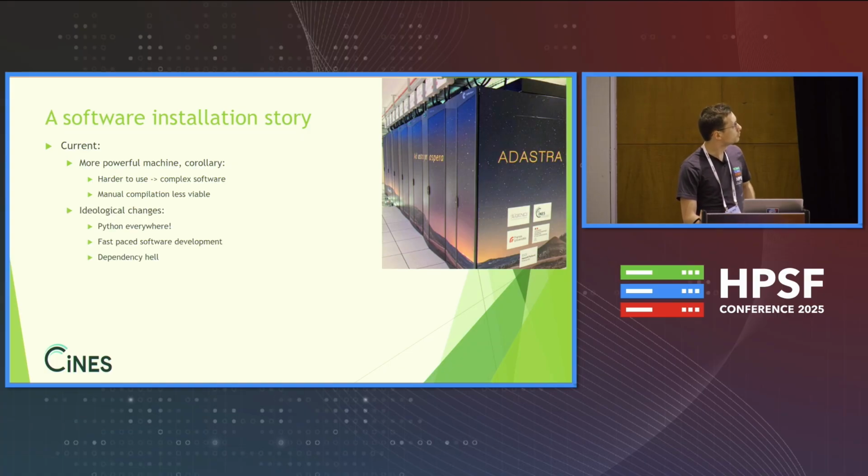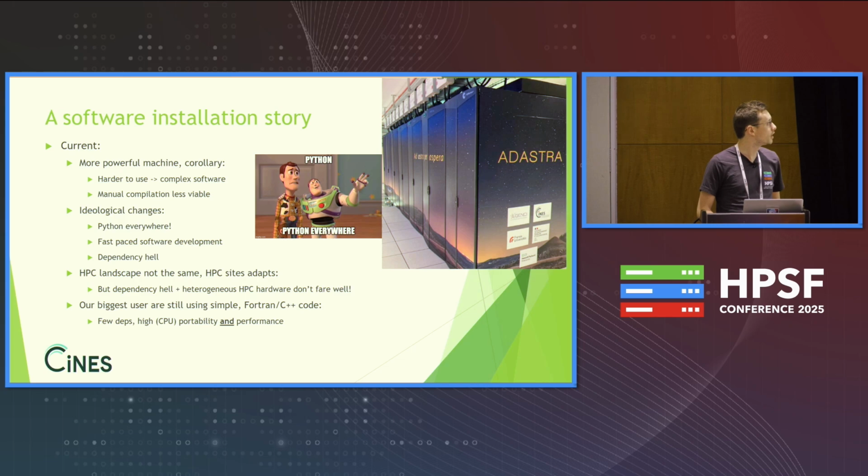In addition, there are ideological changes, for instance the fact that there is Python everywhere, and the pace at which software is being developed is much higher than earlier. To that, we add the dependency hell and the heterogeneity generally found on HPC. All of this does not fare very well. Notably, the dependency hell and the heterogeneity are a real pain. So we needed to fix that.